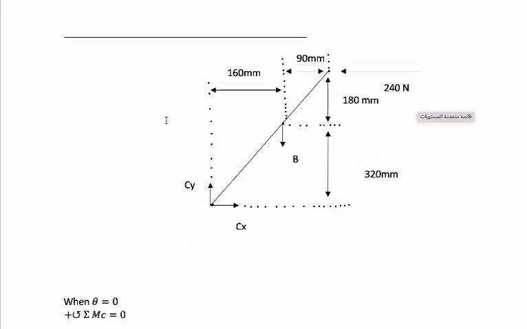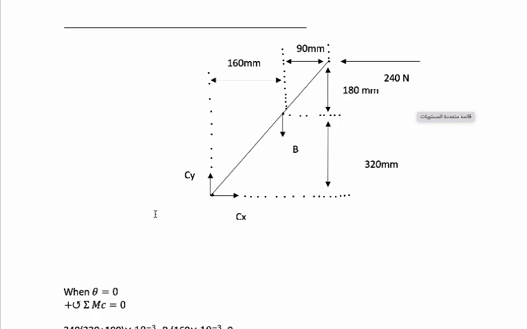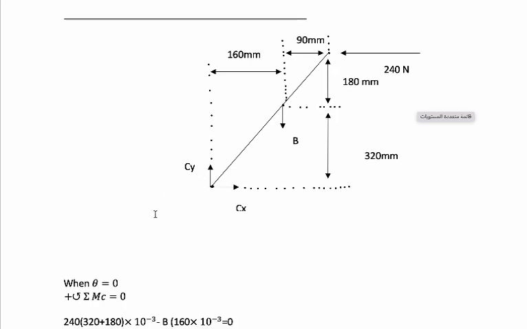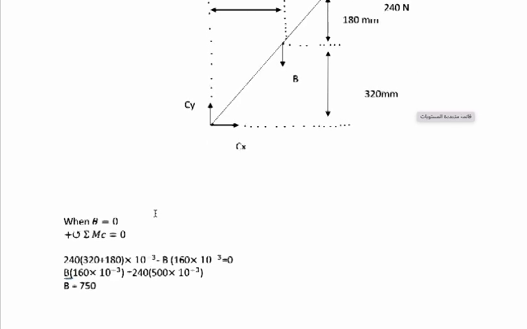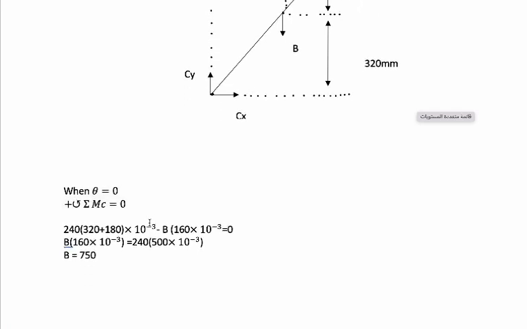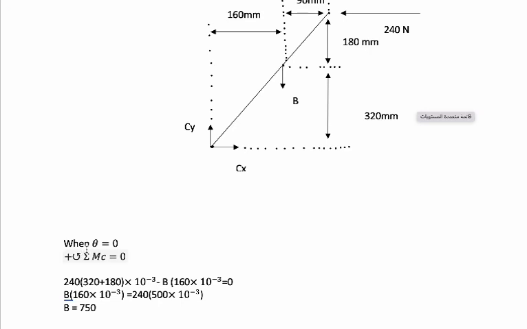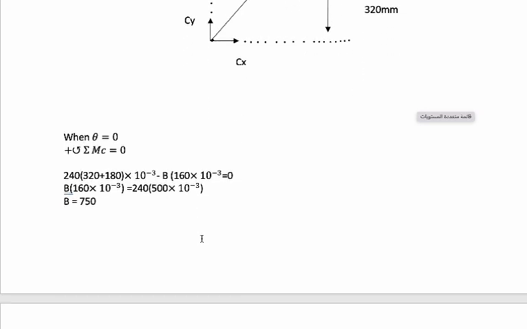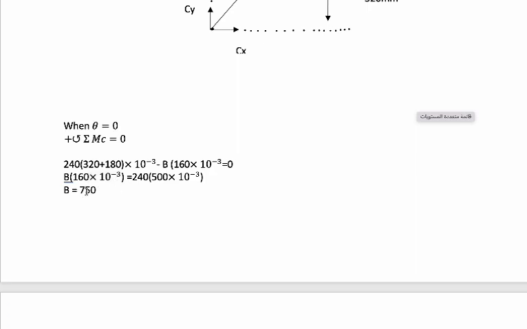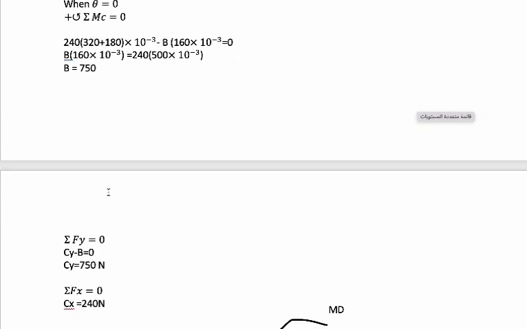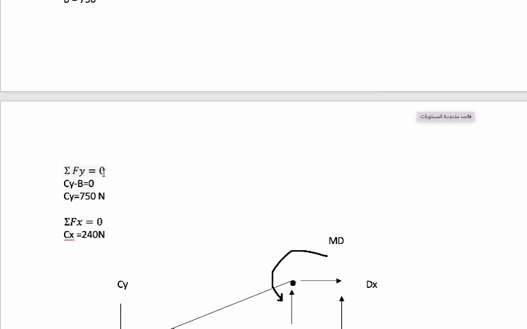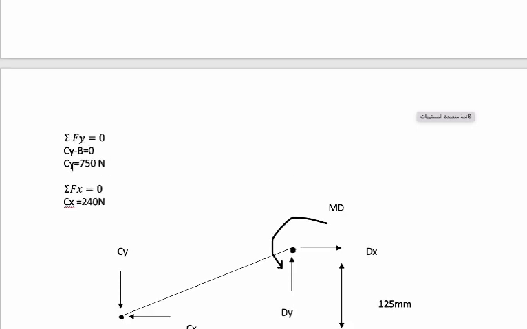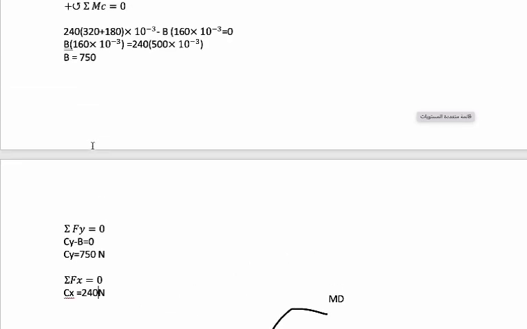So step 1, we draw the free body diagram and we must apply the equation of equilibrium of moment at point C. So we do the equation and we get the P. Then we continue with the force in the Y component, and we get the Cy as we did in the equilibrium.